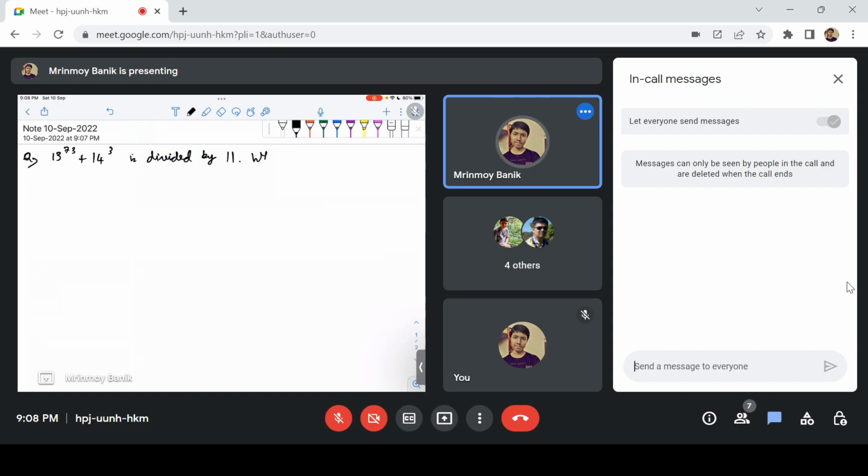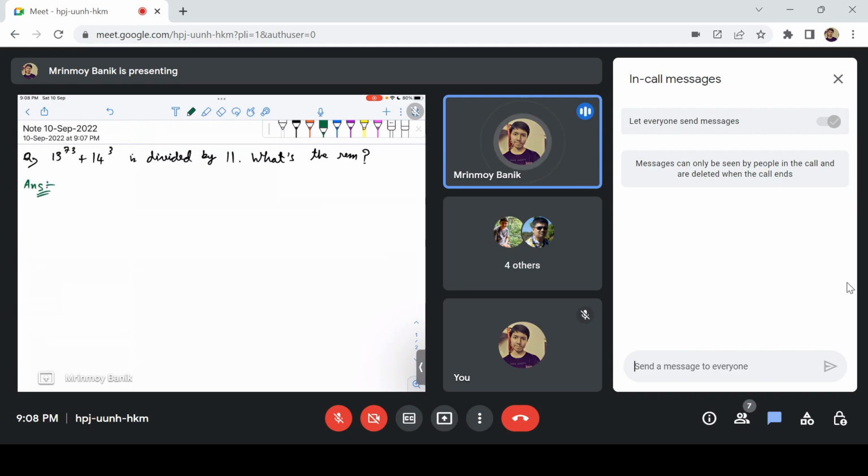Then what's the remainder? So these are pretty common questions. Without the help of congruence, it's probably almost impossible to solve such questions. Yes, some binomial tricks do apply, but they're pretty rare.